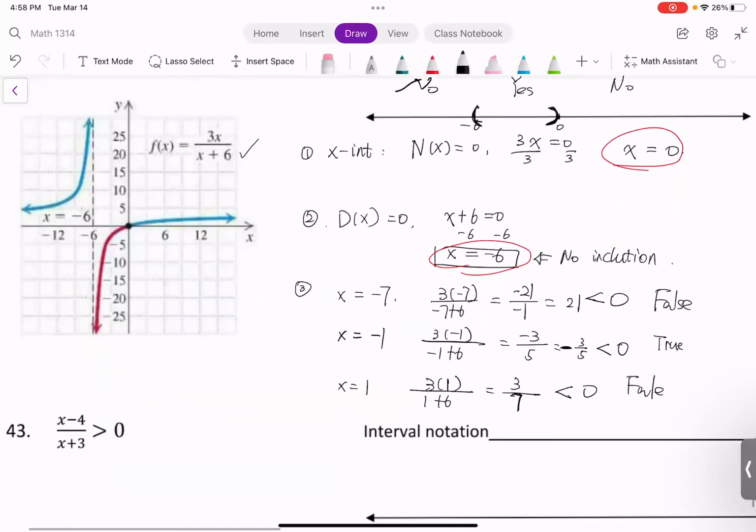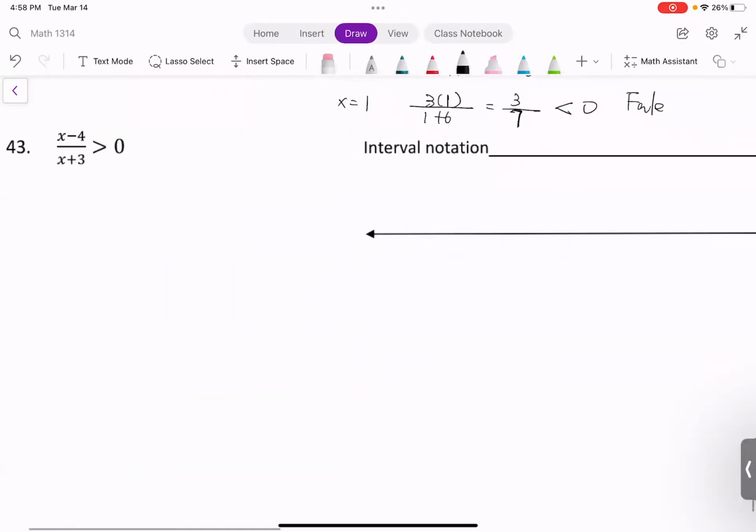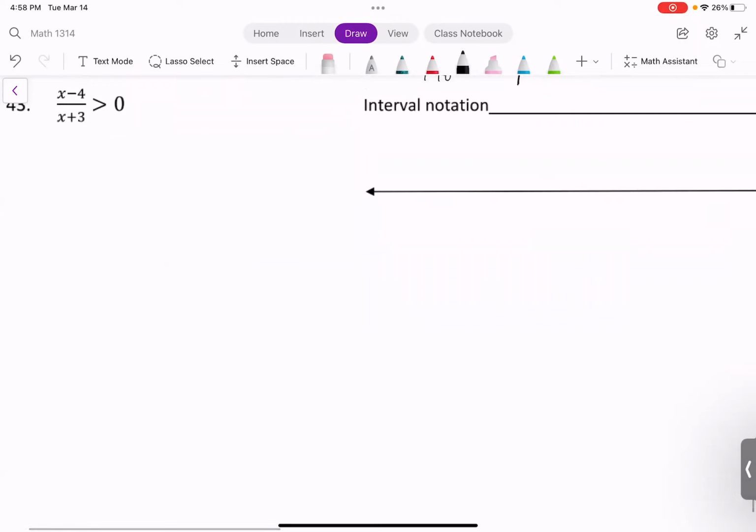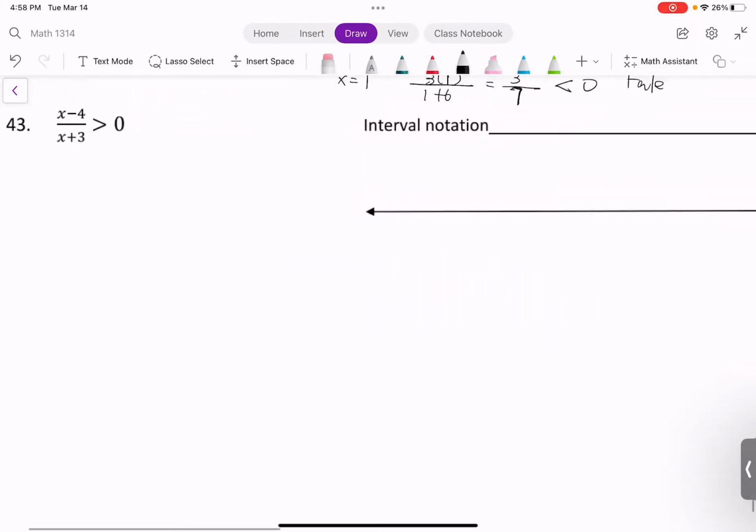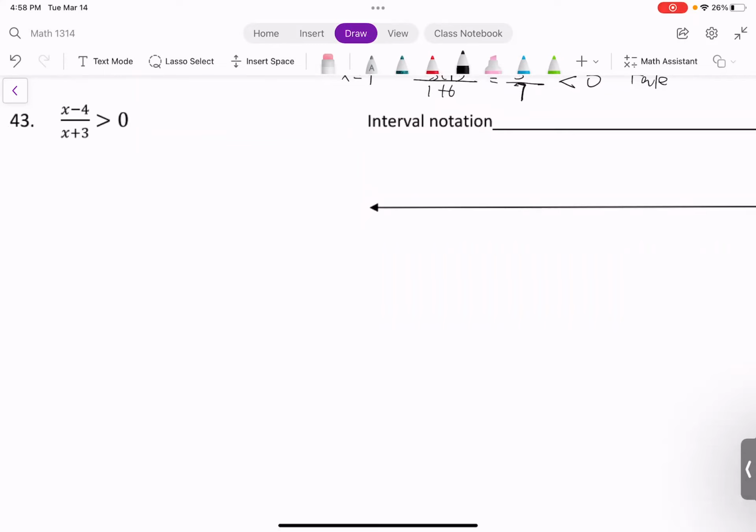Decide the x and y intercepts, find the horizontal asymptotes and vertical asymptotes, and plot some points. All right, let's see the next example. Write the interval notation of this inequality. First, let's see what the x-intercept is. X-intercept means set the numerator, the top, equal to 0. x minus 4 equals 0, plus 4 both sides, x equals 4.